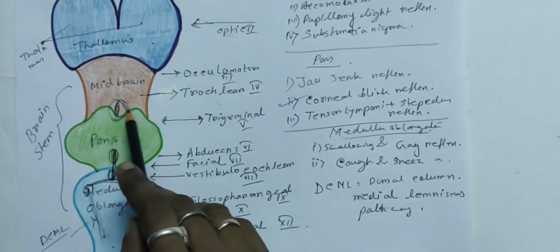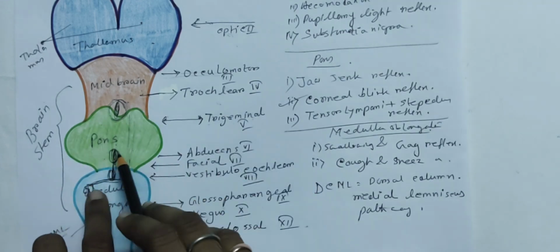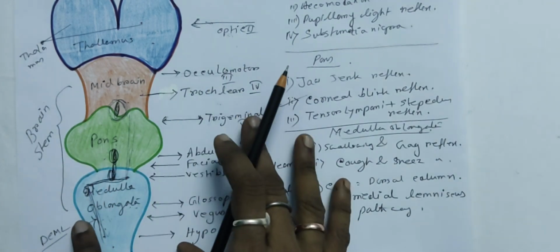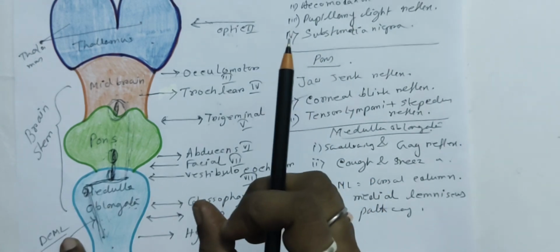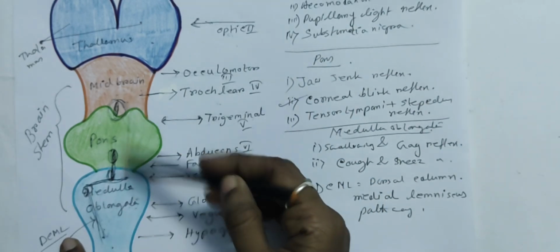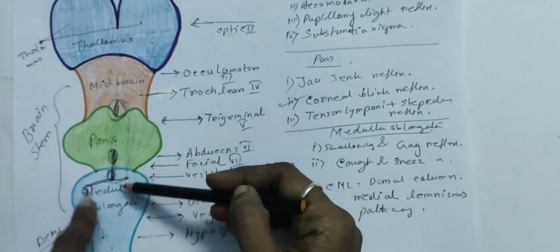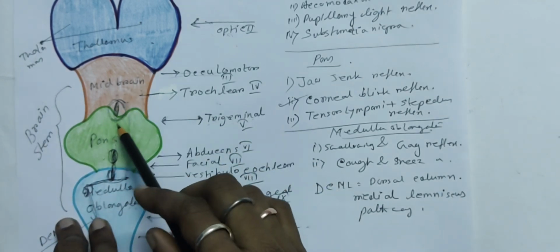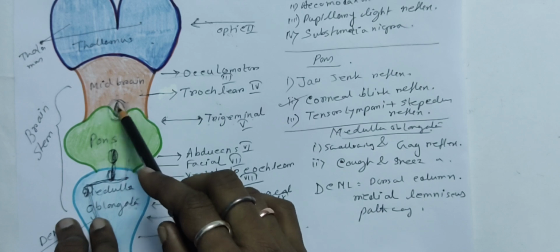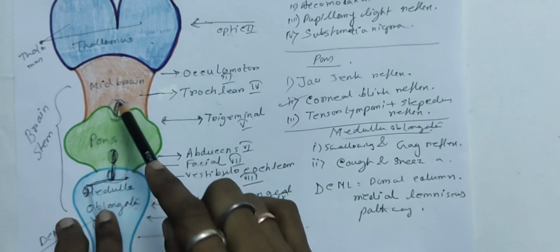These are the nuclei I am showing you here. What are nuclei? Nuclei are groups of neurons. They form within the brainstem and arrange like that, forming the reticular formation. So this is the nuclei present at the midbrain, associated with consciousness.